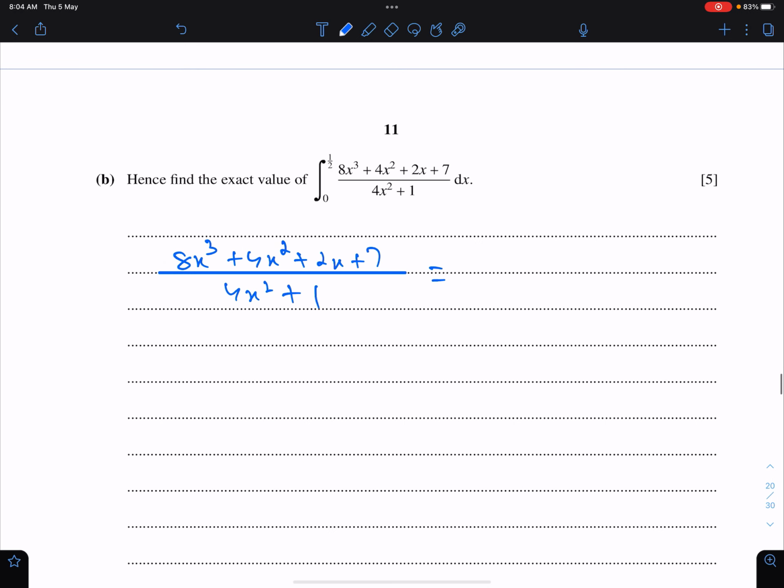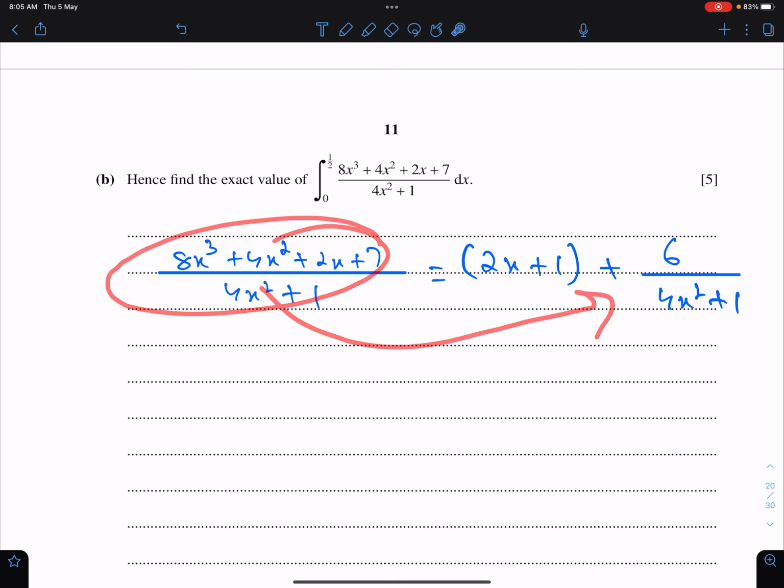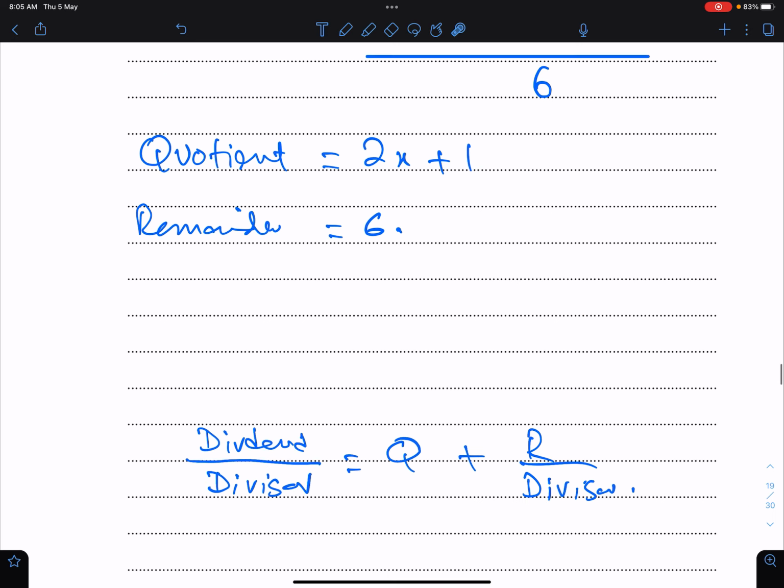So the quotient was 2x plus 1. The remainder was 6, I guess. And the divisor is 4x square plus 1. So in order to integrate this fraction, first express this fraction into this form with the help of this result.